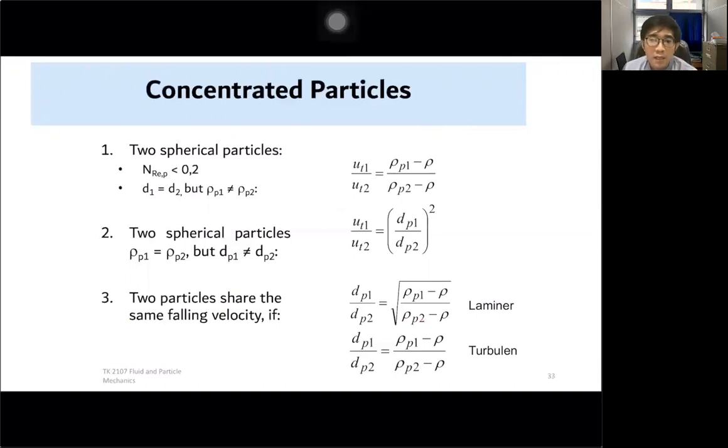If you are dealing with two spherical particles in laminar flow, meaning the Reynolds number is below 0.2, and the diameter of both particles is the same but the density of the particles is different, then you can take the ratio of each terminal velocity by taking into account the differences of each particle density with the fluid density.